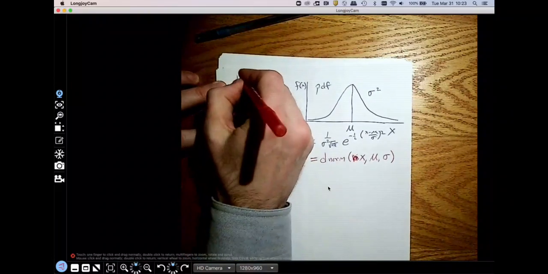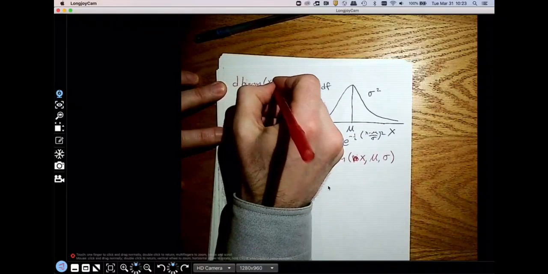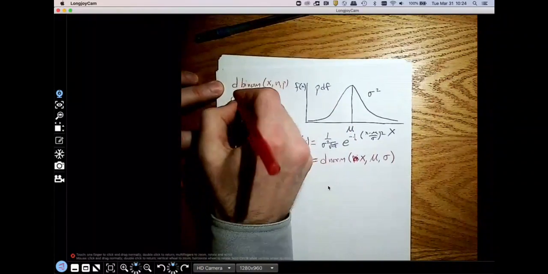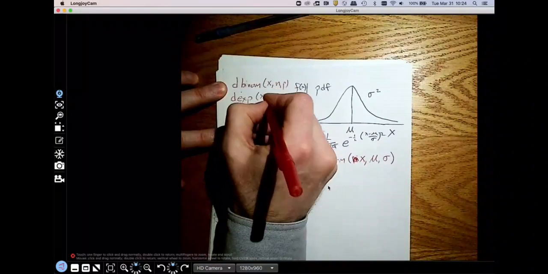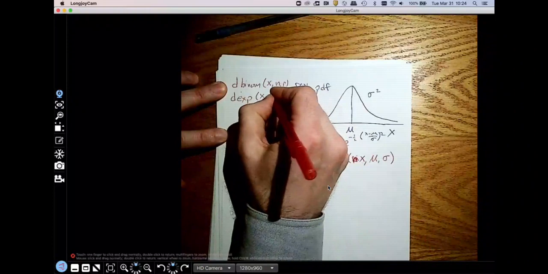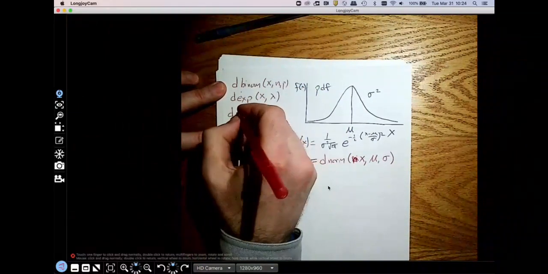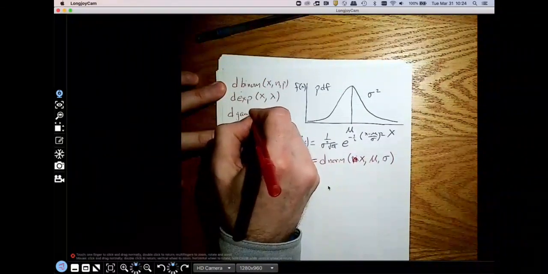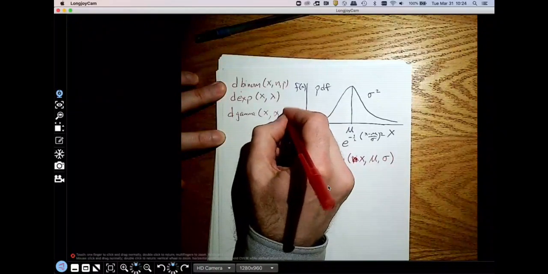If I do dbinom, I will get a binomial probability. I would give it some x, and remember the parameters are n and p for a binomial. Or for an exponential, it is dexp. Again, I give it some x, and I give it my lambda value. There are others: dgamma gives me a gamma function with the parameters alpha and beta.